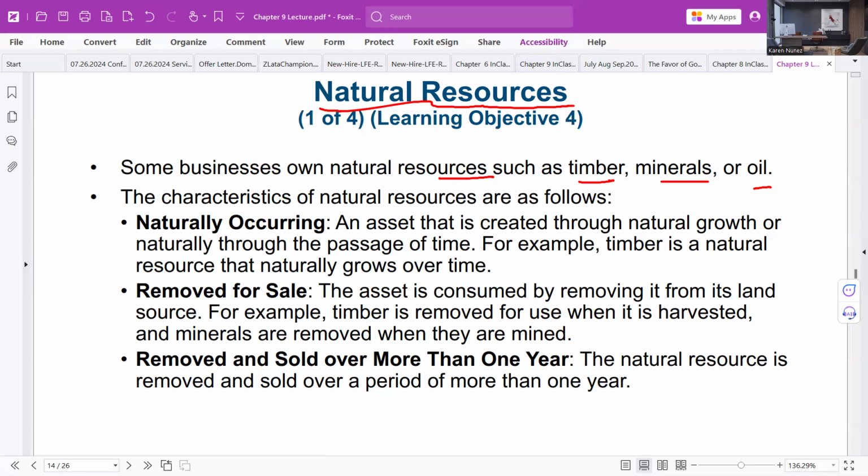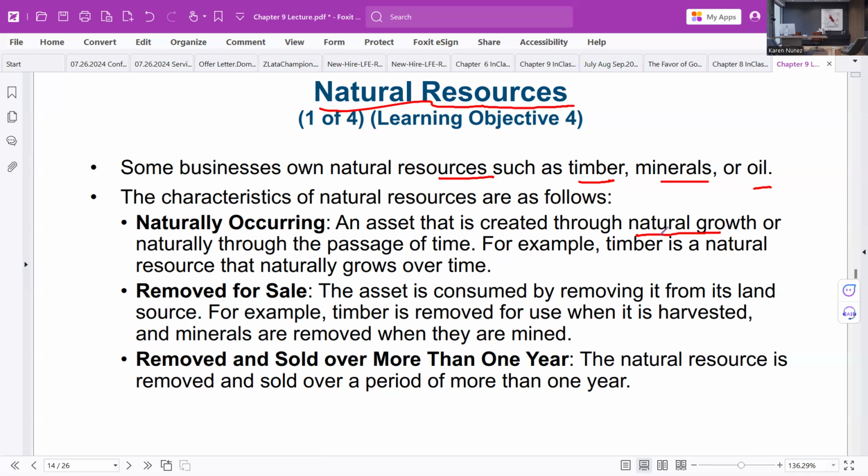What differentiates these natural resources is that they're created through natural growth. So they're not physical, tangible assets that you purchase and use in the business.